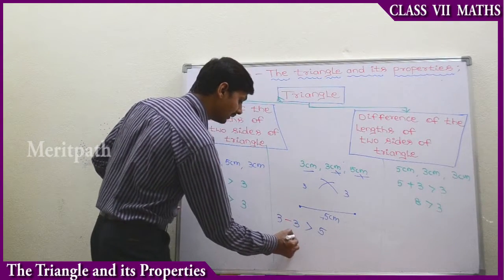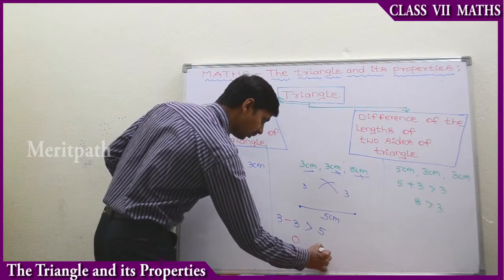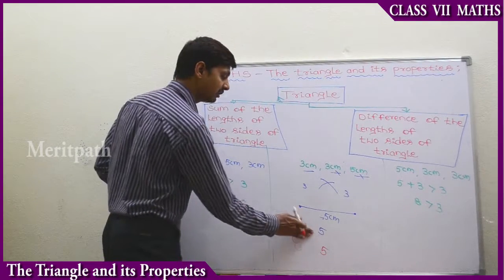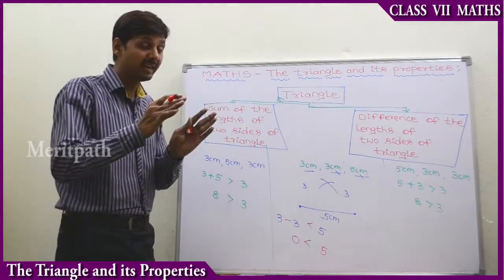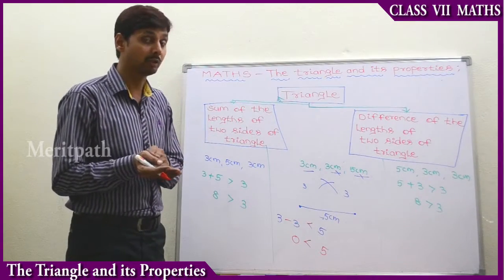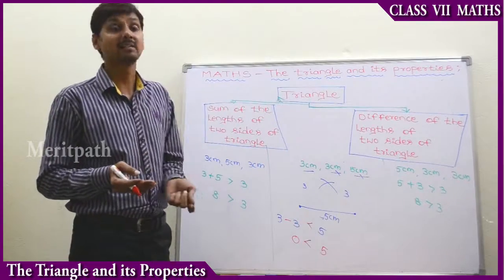3 minus 3 is 0, but the symbol will change. It's less than the third side. When we subtract two sides, it is less than the third side. Let's see some other cases.